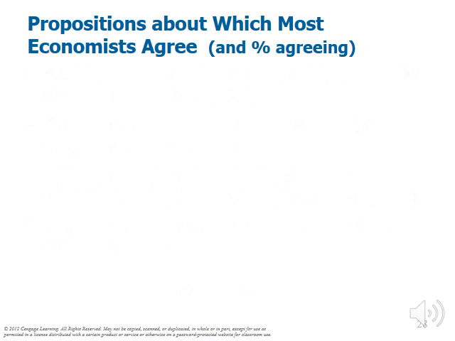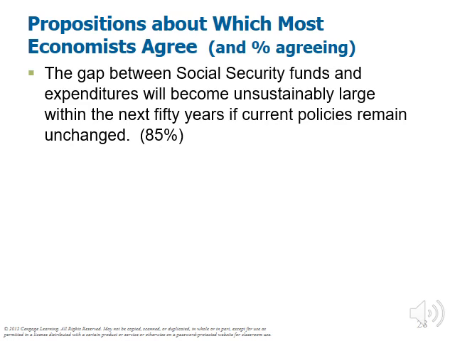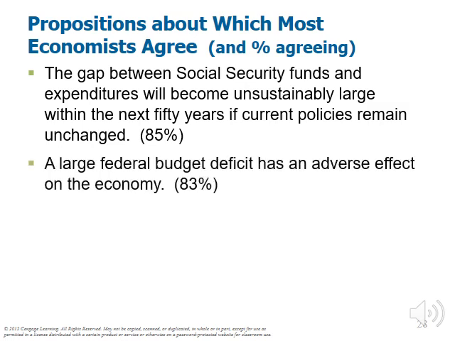The gap between Social Security funds and expenditures will become unsustainably large within the next 50 years if current policies remain unchanged. 85% agree that when the baby boomers retire, we're going to have a hard time funding Social Security. A large federal budget deficit has an adverse effect on the economy. 83% of economists agree that heavy burdens of government debt slow down economic growth.